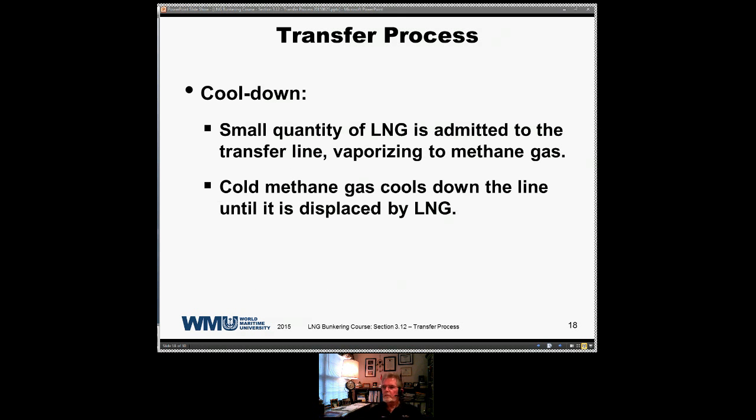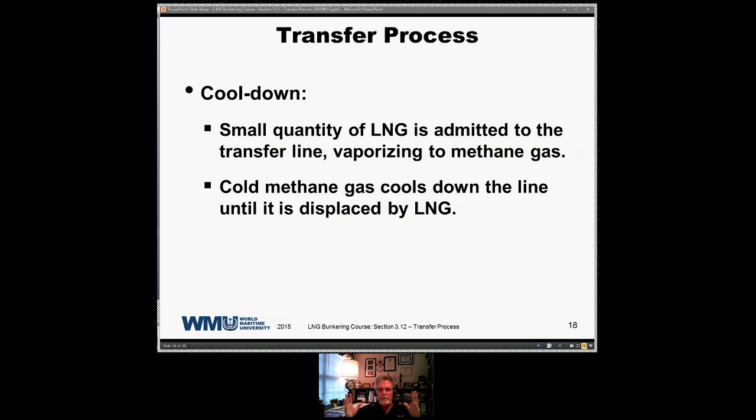Following this operation, we are now going to commence the cool down of the transfer system. As I said, the vessel in most cases is going to have its piping cooled down to the ship's manifold, and the terminal will be cooled down to the base of the loading arms or to the manifold from which the transfer hose is connected.